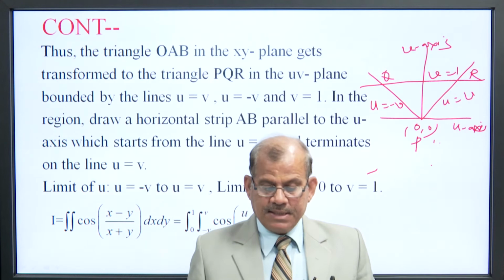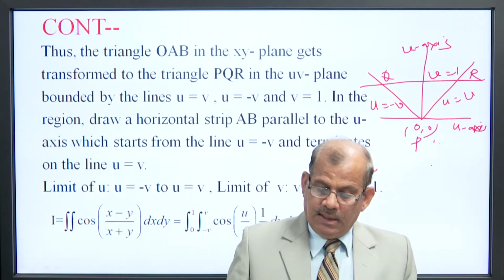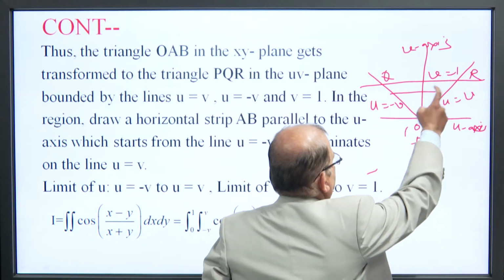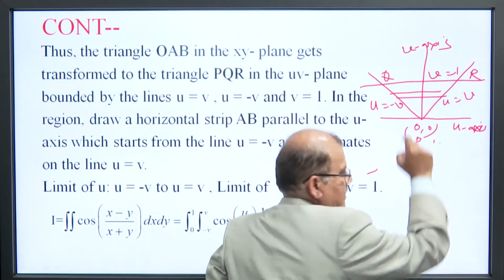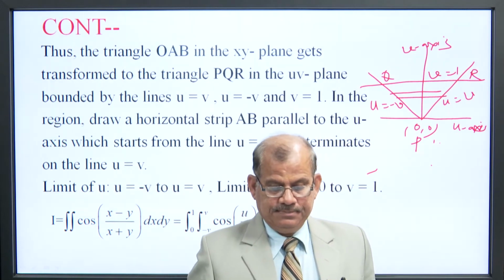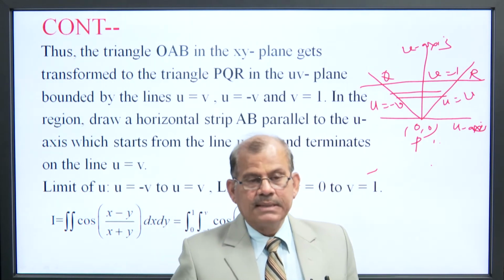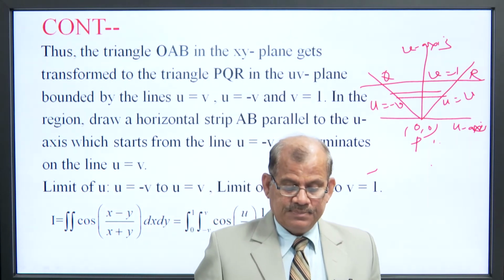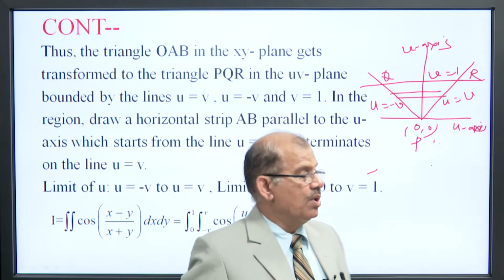Draw a horizontal strip AB parallel to the u axis, which starts from the line u is equal to minus v and terminates on the line u is equal to v.